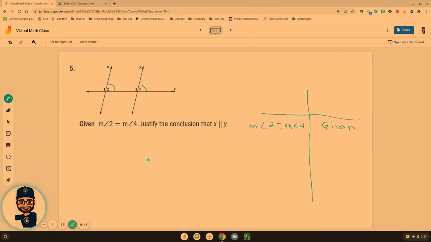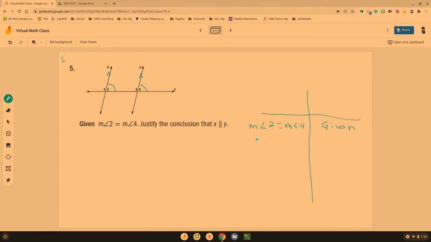So what does that mean then? Try and think for a moment. What do you think that means? Hopefully, you can remember that if corresponding angles are congruent, number 2 is in the same spot as number 4. If corresponding angles are congruent, that means these two lines are parallel, or that X and Y are parallel.